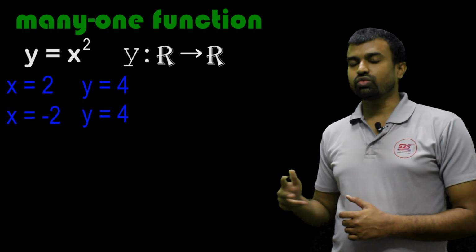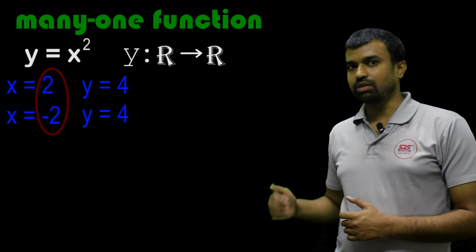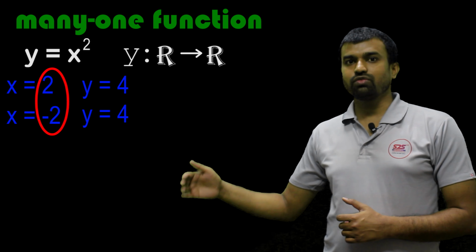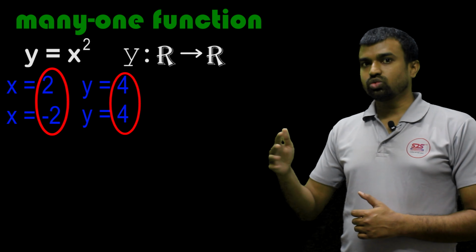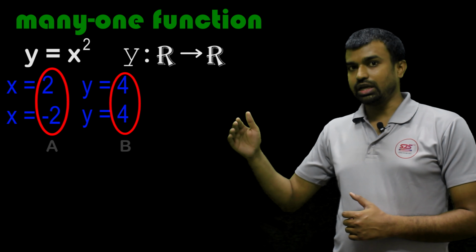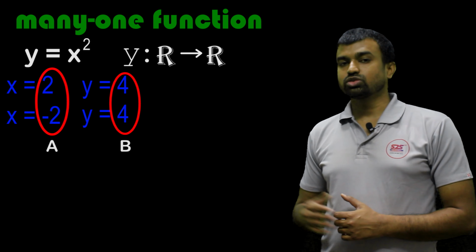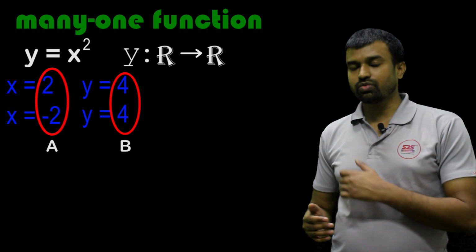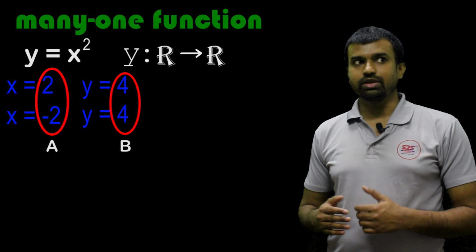So for two values of x, that is 2 and minus 2, you are getting the same value of y, that is 4. Okay, so here two numbers in set A, that is R, have the same image. So these kinds of functions are not one-one and we call this kind of function many-one.